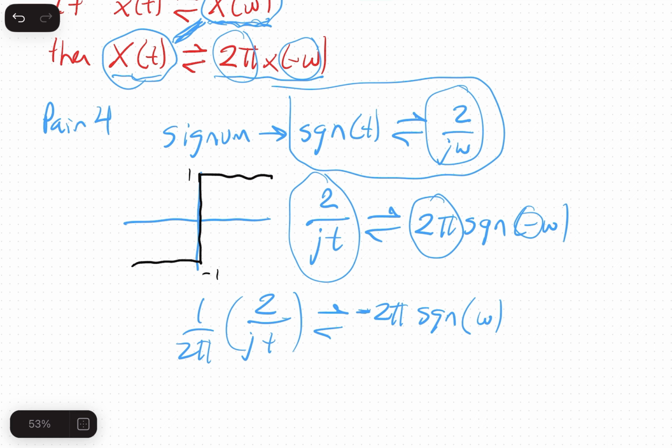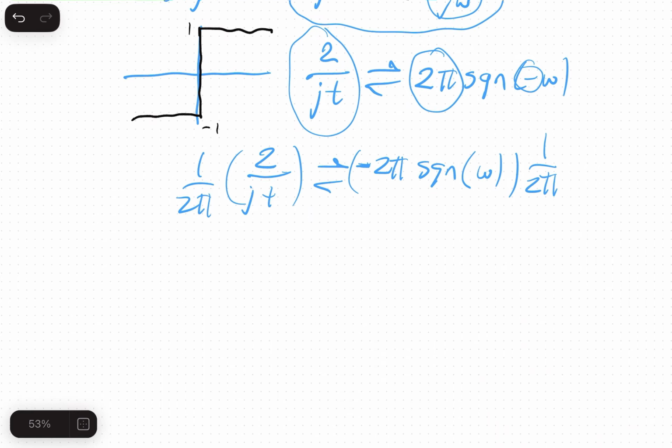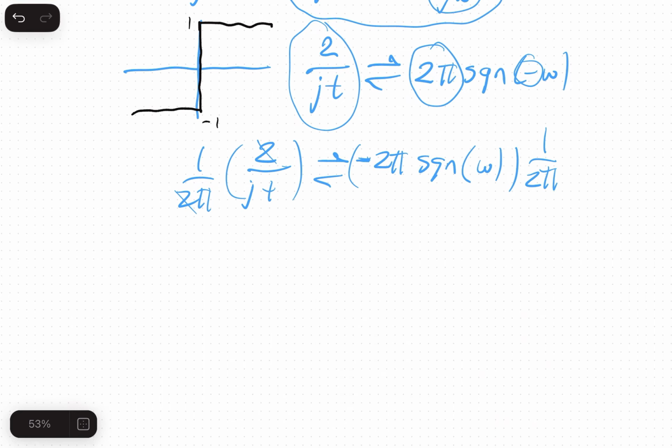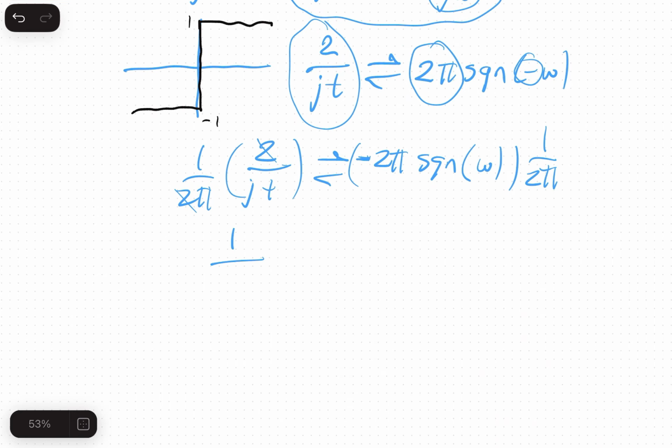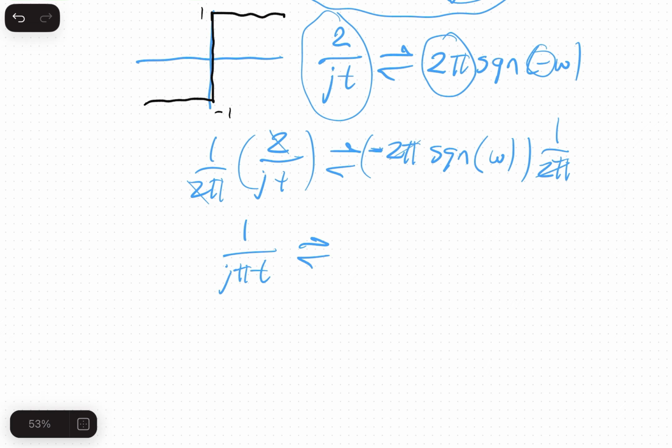So I can take this negative sign out of it and multiply this by 1 over 2 pi. By doing that, the 2 cancels with the 2, and I'm left with 1 over j pi t, whose pair is none other, as these two cancel, than negative signum of omega. So this is an application of the duality property.